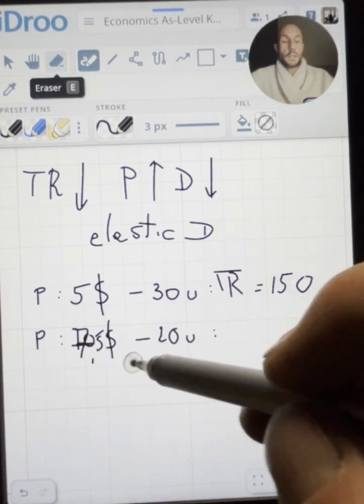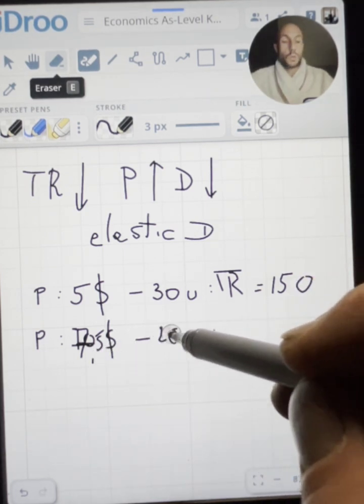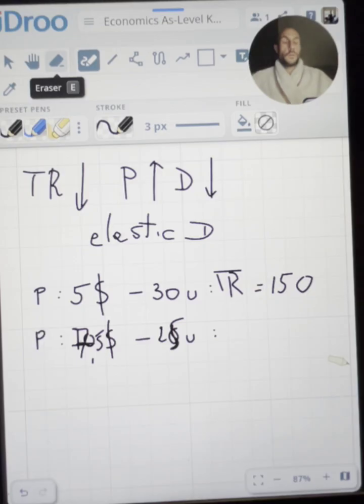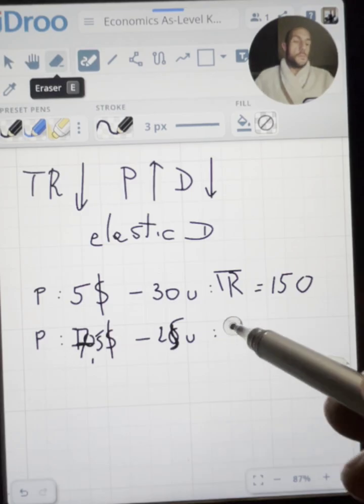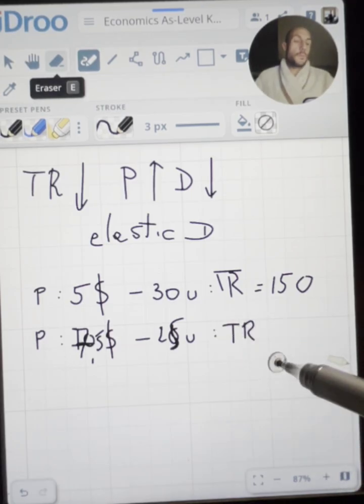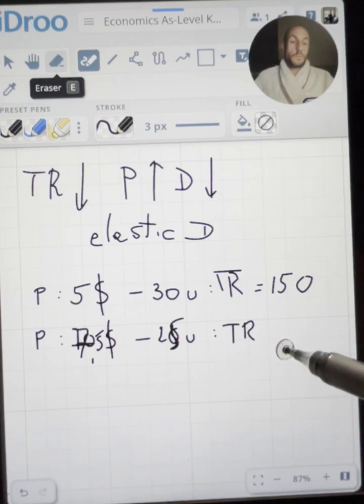Actually, no, this is bad. Let's say that it goes to 25. So 7.5 and 25, yes. It's 187.5? I think I'm not wrong.